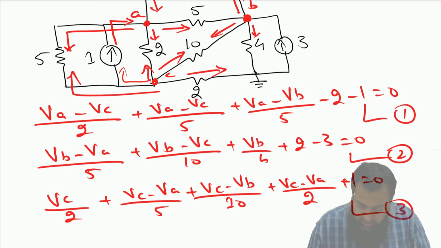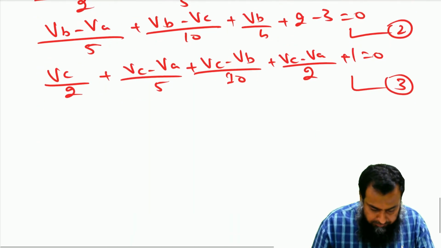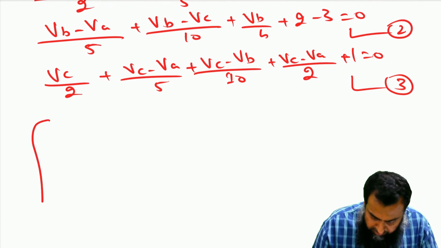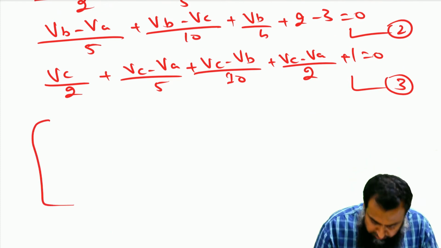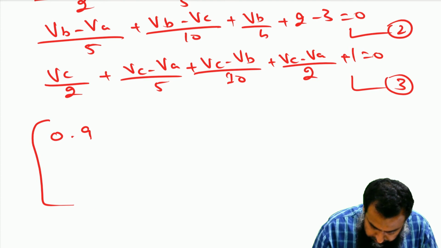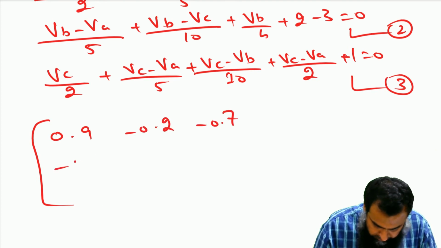If I rearrange these three equations and I separate the variables, then I can represent them in the form of a matrix, and that gives me this particular value.